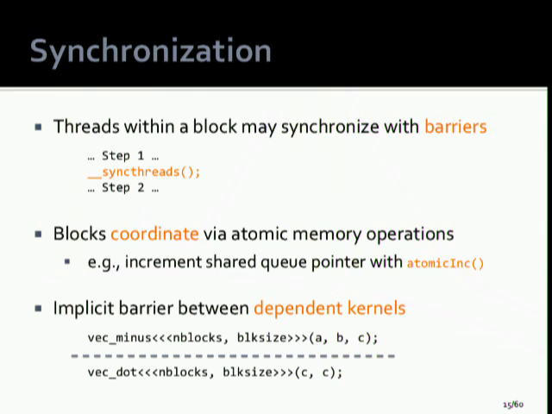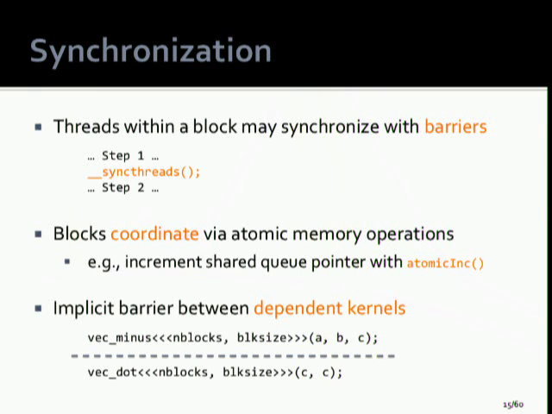So you can use atomic memory operations to coordinate how each of the thread blocks is outputting their data. You could have a shared queue pointer that's pointing to the end of a queue, and each thread block is going to increment that with some atomic operation and get back the address where it should store its results, despite the fact that all of the blocks may be outputting a very different number of data items.